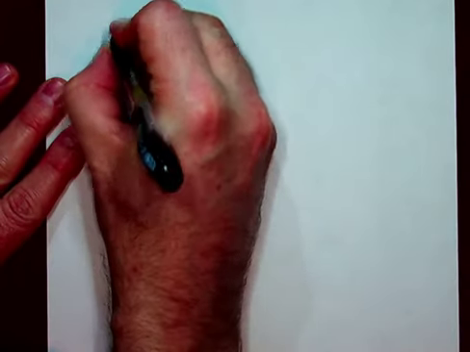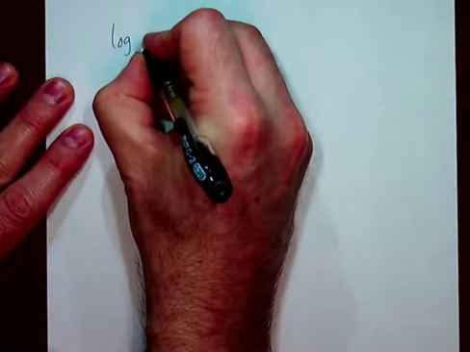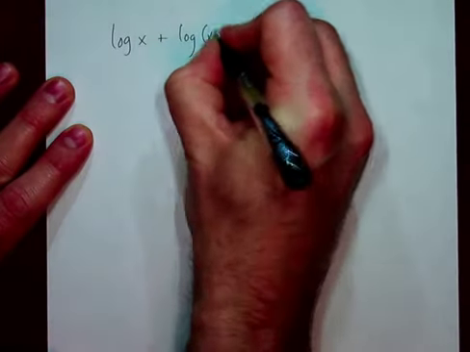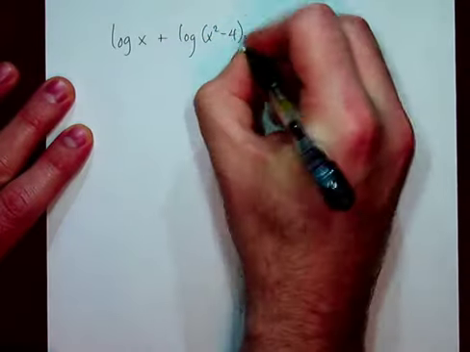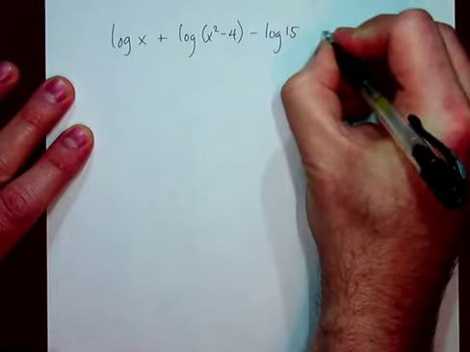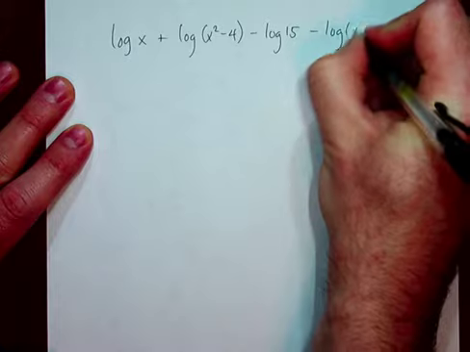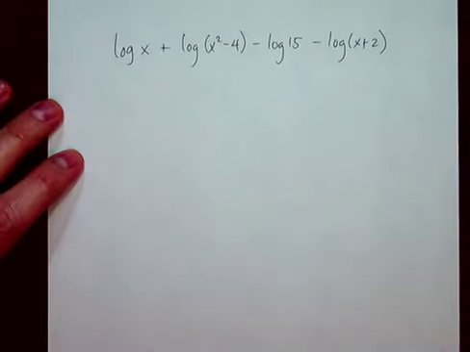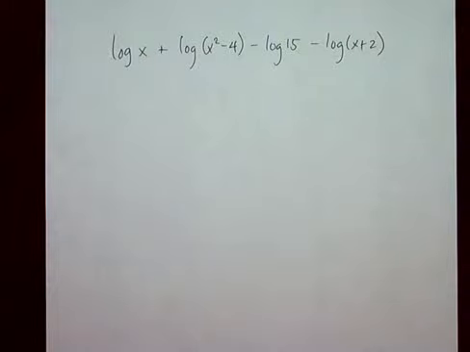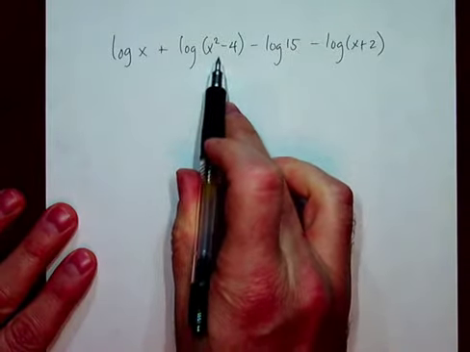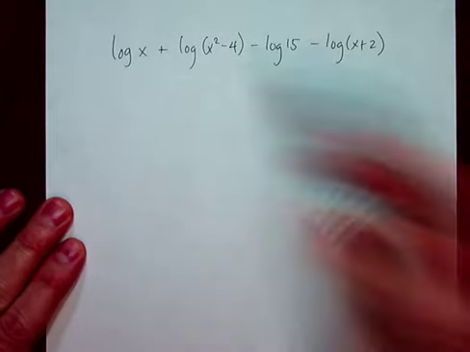Okie dokie. How about log of x and log of x squared minus 4 minus log of 15 minus log of x plus 2. Now, that is a weird place to start if you're being asked to condense, largely because that isn't fully expanded, right?